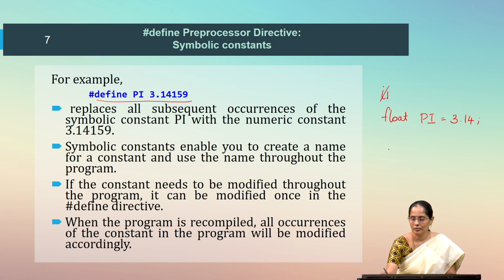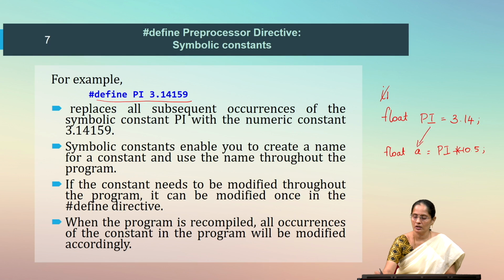Say for example, I am going to multiply 10.5 with the pi value. Here, the compiler has to go in search of the memory address of the variable pi, and it has to fetch the value from the location. So, the value of pi will be fetched from the memory location for the execution of this statement.